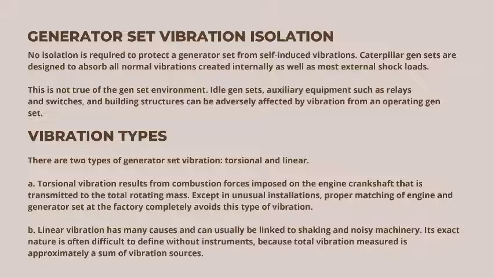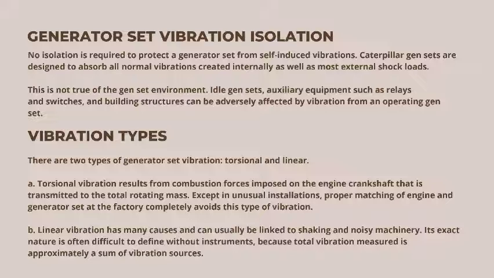Vibration types. There are two types of generator set vibration, which are torsional and linear. Torsional vibration results from combustion forces imposed on the engine crankshaft that are transmitted to the total rotating mass. Except in unusual installations, proper matching of engine and generator set at the factory completely avoids this type of vibration.